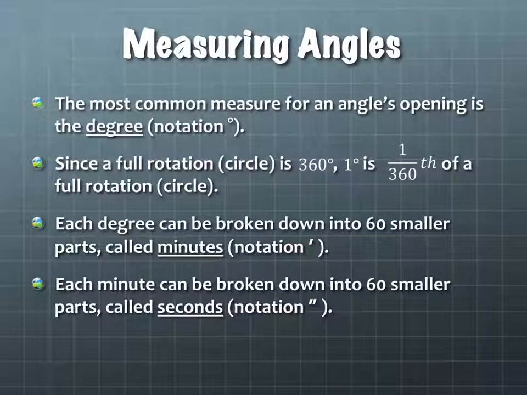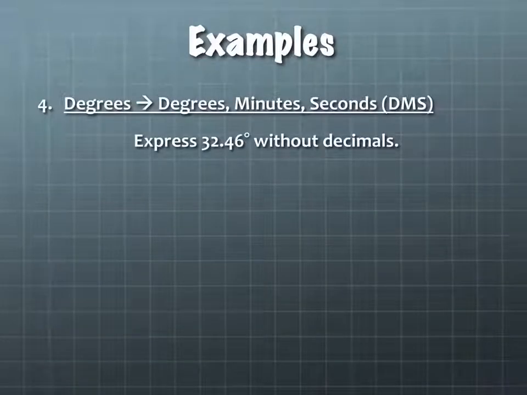So let's talk a little bit more about minutes and seconds and how we go between minutes and seconds with degrees and decimals with degrees. So our first example, number 4 on here, is to take something that's given in a decimal value, right, 0.46 of degrees, and turn it into minutes and seconds.